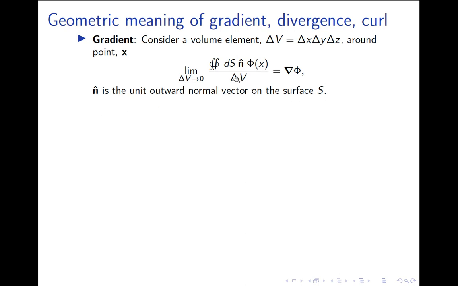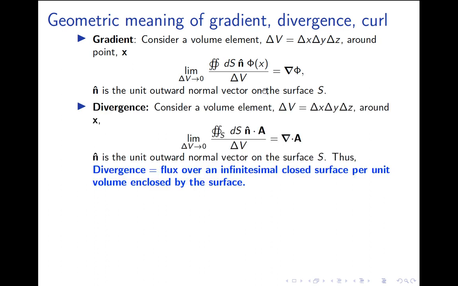It doesn't have to be a cuboid. I gave an example of a cuboid, but you can take any infinitesimal volume which encloses the point x, and then dS is of course an element of the area which is the surface enclosing that volume. Similarly, divergence, again a similar situation.